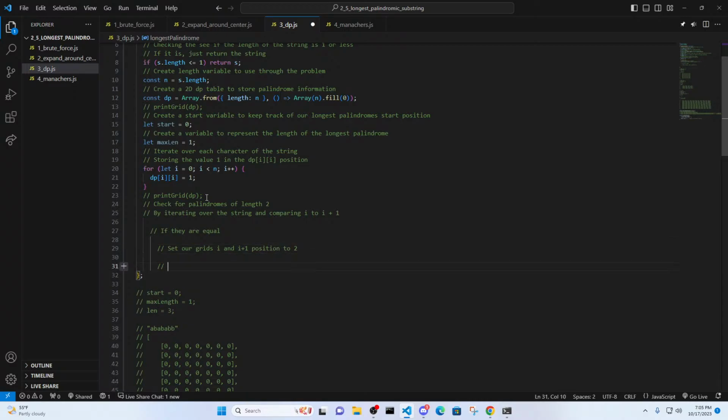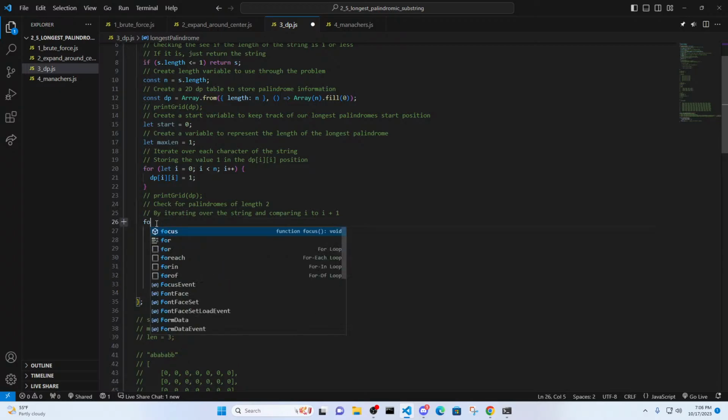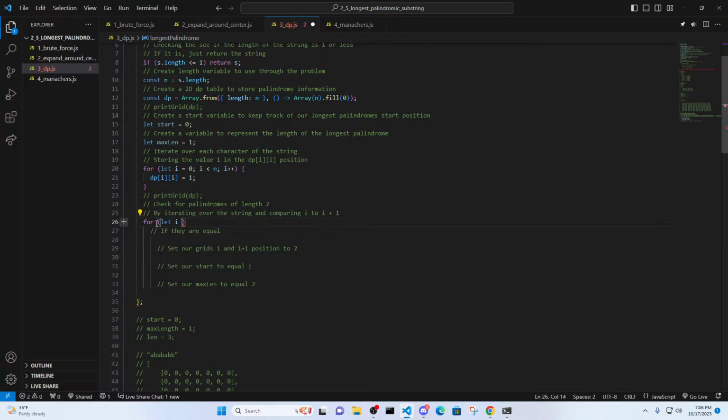Then we'll set our start to equal i, because that's our new starting position. And then we'll set our max length to equal 2 as well. So we'll go ahead, let i equals 0, while i is less than n minus 1, because now we're checking 2 characters. So instead of going all the way to n, we just do n minus 1, because if we're checking 2 at a time, that last character doesn't even have a second character to check.